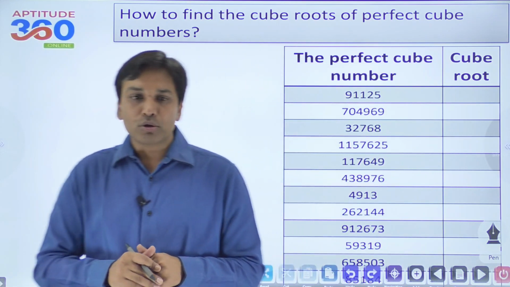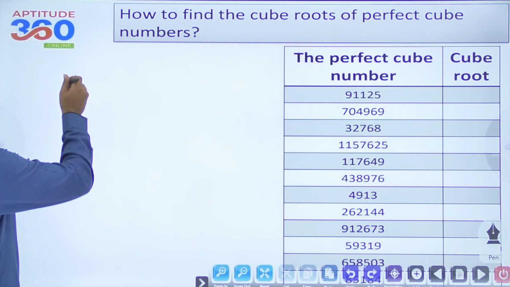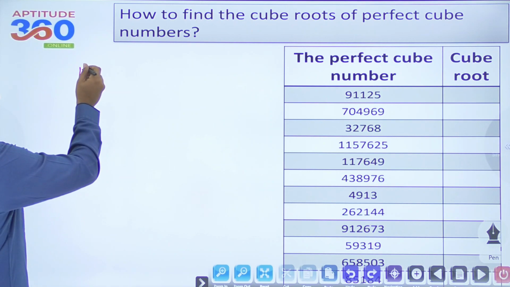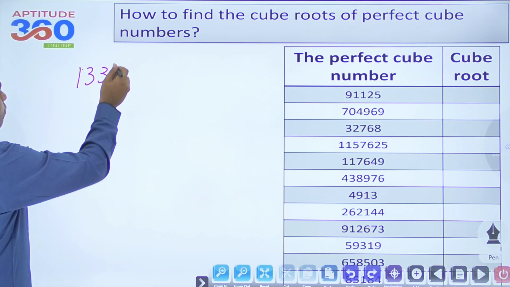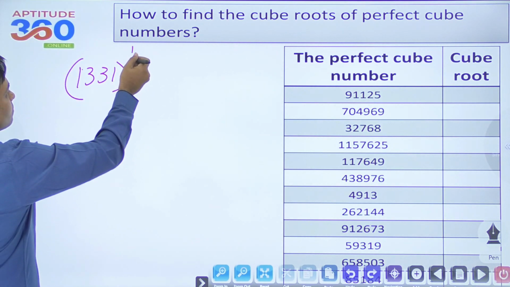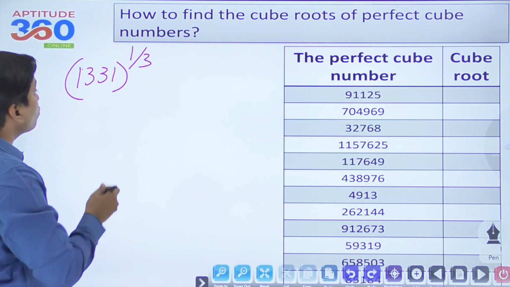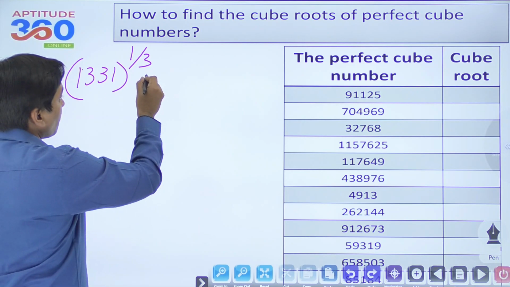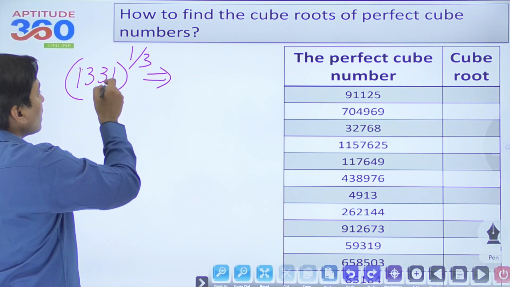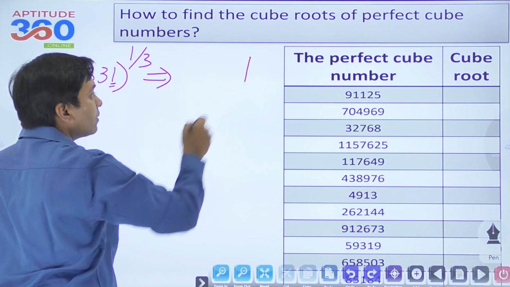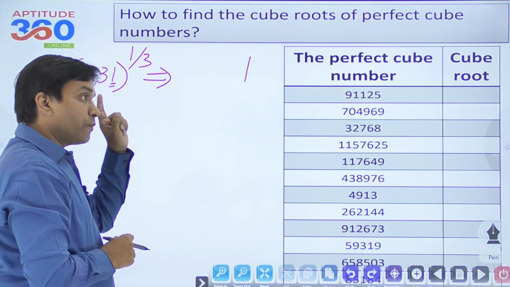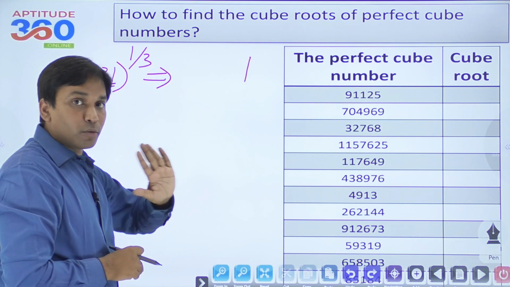Say you need to find out, I'm going to take the very simple examples. I need to find out cube root of this number. How do I find out cube root of this number? I'll do this. Because at the unit place you have got 1. So if it is 1, this is going to be 1. Does not make a difference.